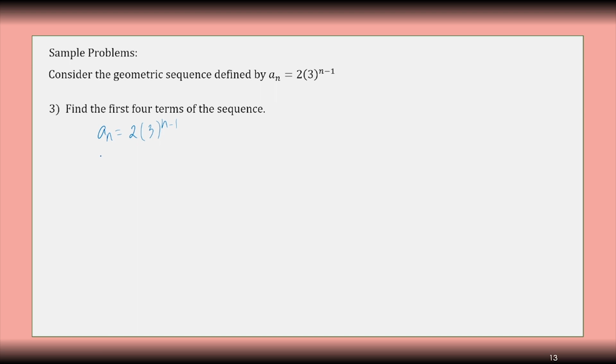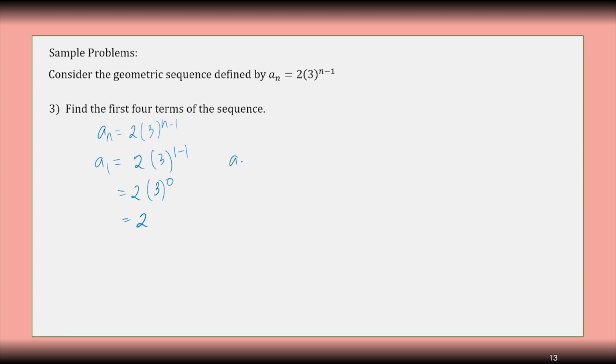So a sub 1 is 2 times 3 to the power of 1 minus 1. 1 minus 1 is 0, so 3 to the 0 is just 1. So 2 times 1, the answer is 2. So a sub 1 is 2.